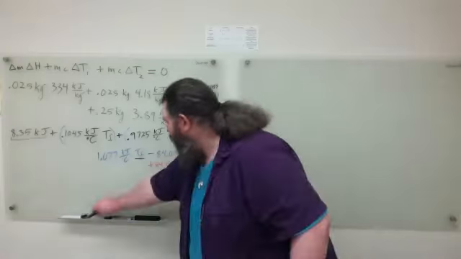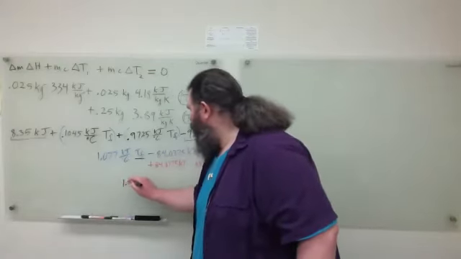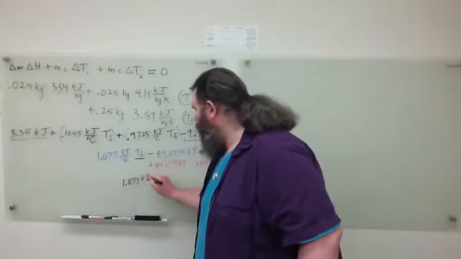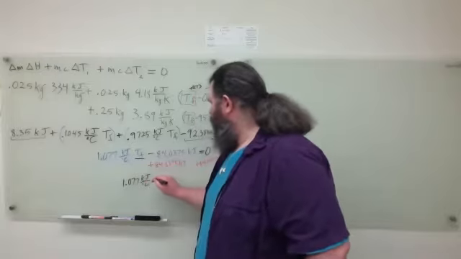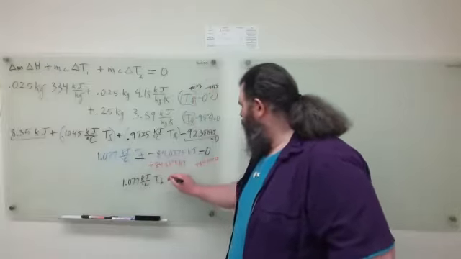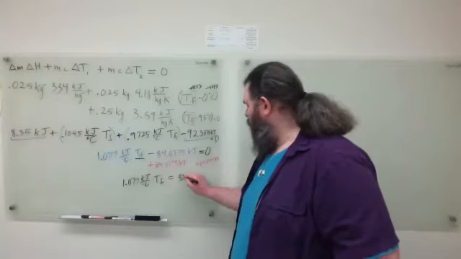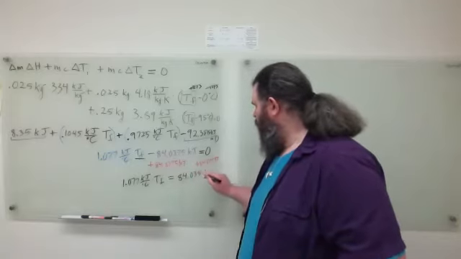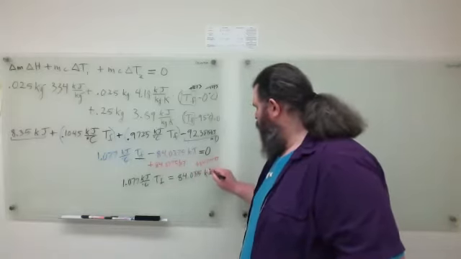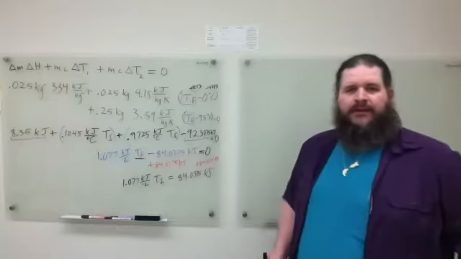Same operation both sides of the equation. So 1.077 kilojoules per degree Celsius times T final equals positive 84.0375 kilojoules. And then what?